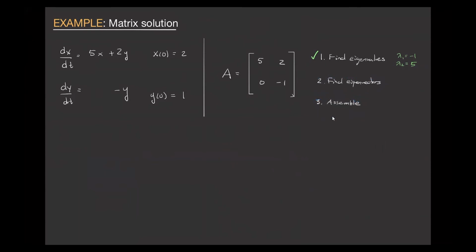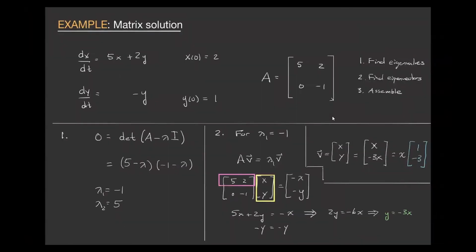Then we started to find eigenvectors. Maybe I won't put a green check yet because we haven't actually found them both, but we did find one. We find, let's say, V1 is equal to 1, negative 3, which I'll double check. Yeah, 1, negative 3.